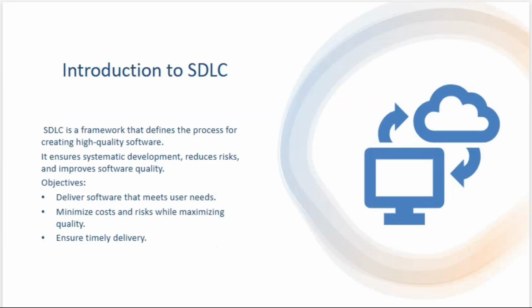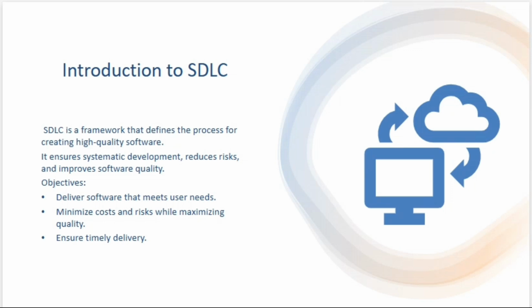So first thing is, what is SDLC? SDLC is nothing but a framework, or you can say it is the software development life cycle. If I need a software, then somebody has to develop it, and it is going to be developed through some life cycle. This process is nothing but our SDLC process.